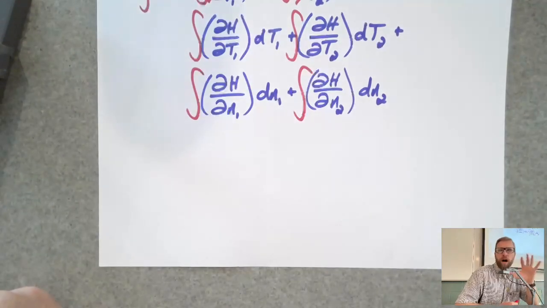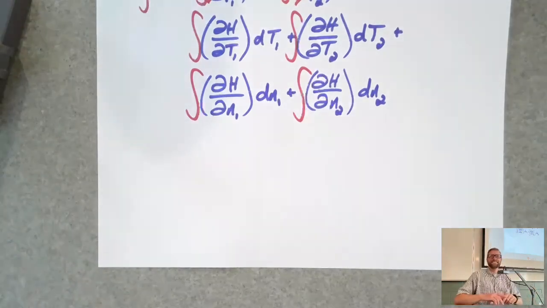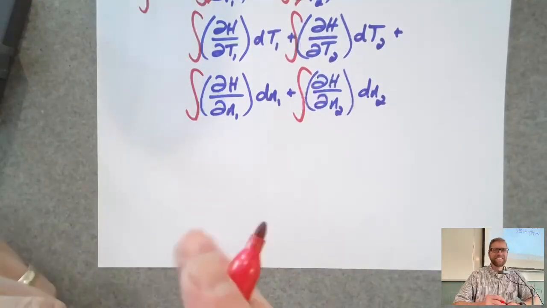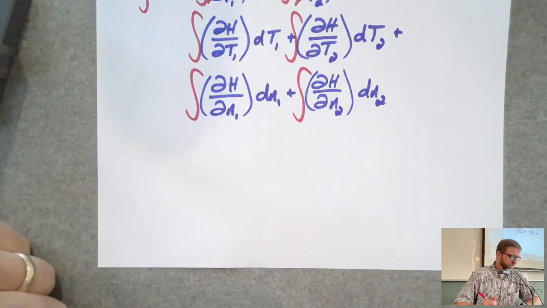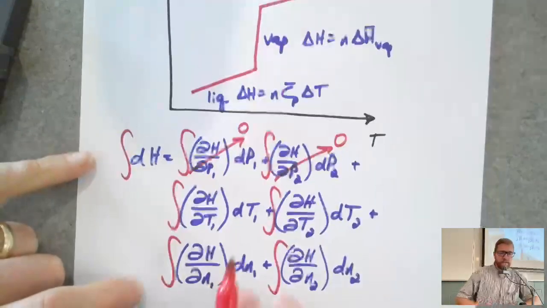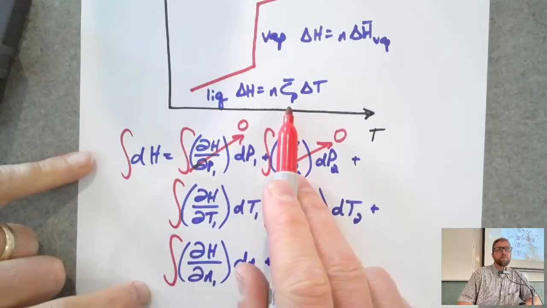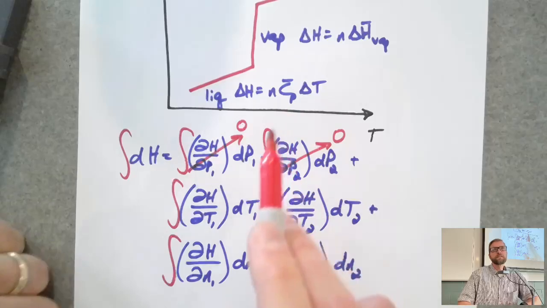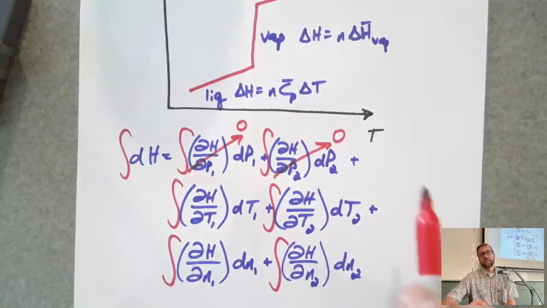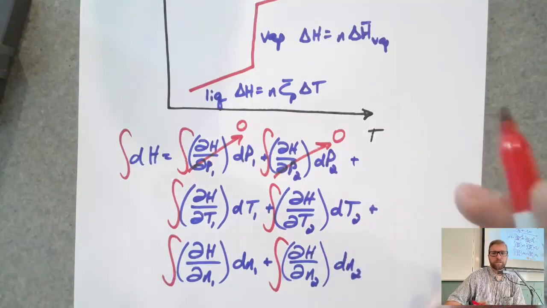Do we have a more common name for that? It's not specific heat. Specific heat is the heat capacity, but instead of per mole, it's per gram. That's the only difference. So functionally, it's the same. It's just the units are a little bit different.